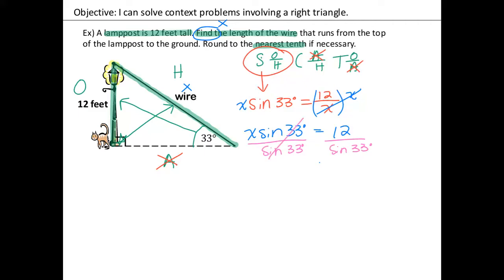Okay, sines cancel, and I get X is equal to, again, calculator. What does the fraction mean? Fraction means to do what on the calculator? Divide. So we're doing 12 divided by sine of 33, close the parentheses, and then press equal.